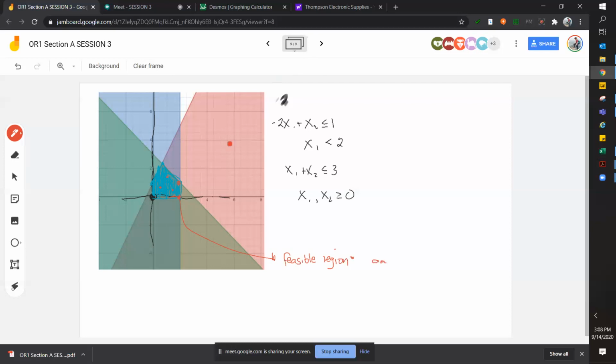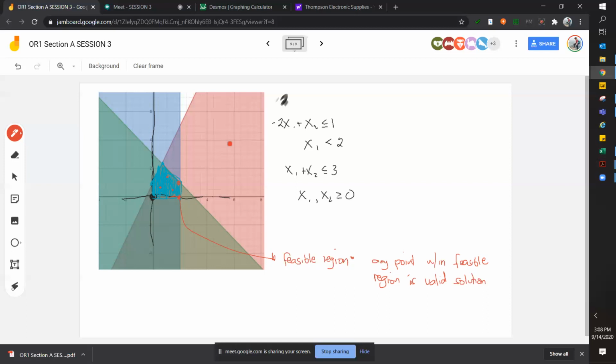Any point within feasible region is valid, sabihin natin, valid solution.